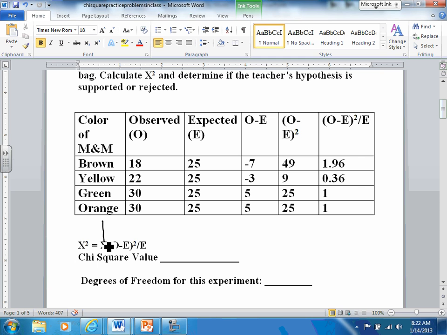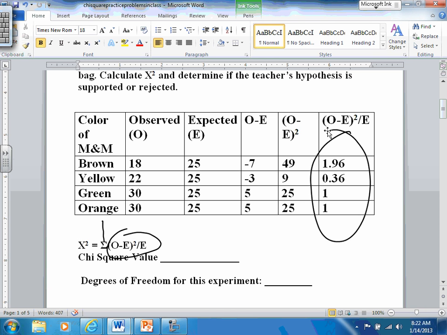It's called sigma. What does it tell you to do in math? Sum up. So that means take that column out of our table and add up all the values in that column. So we're going to take this whole column and add it up.